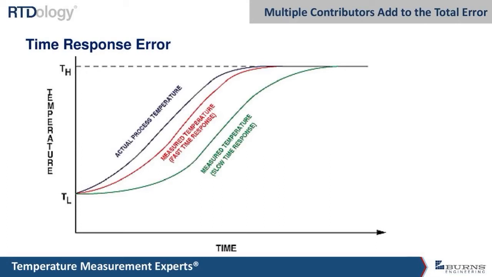Slowing it down, a good example of that is in a storage freezer where we may have people opening the door to put product in and out, and you don't want an alarm going off right away. You may want a 5-minute response time out of that probe, so you have time to put the stuff in and pull it back out. So just need to be aware of this one. It can be one of the largest ones that there is.